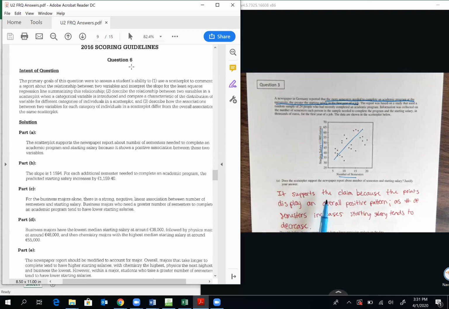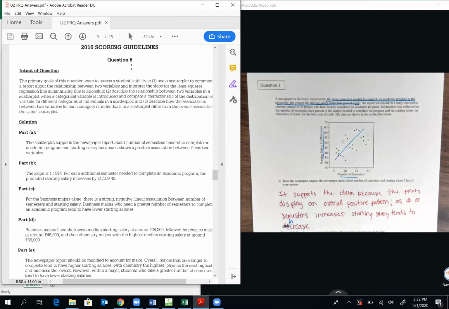So does the scatter plot support the claim? It does support the claim because the points display an overall positive pattern. As number of semesters increases, starting salary tends to... I don't know why I wrote decrease. I obviously knew it was increasing. This is why we check our work. We always read back over our answers at the end to make sure we didn't write anything silly like decrease instead of increase.